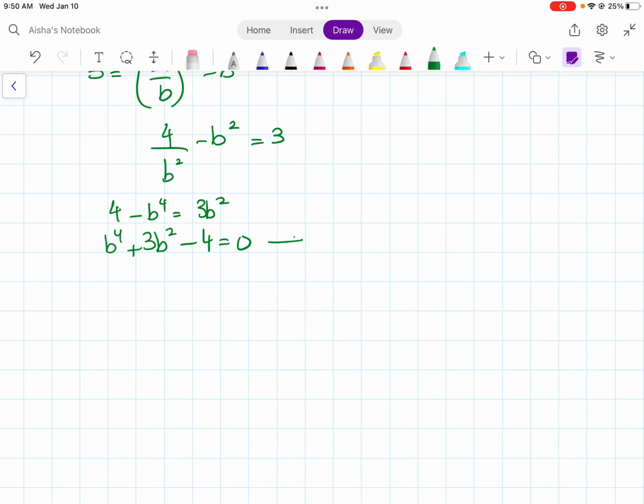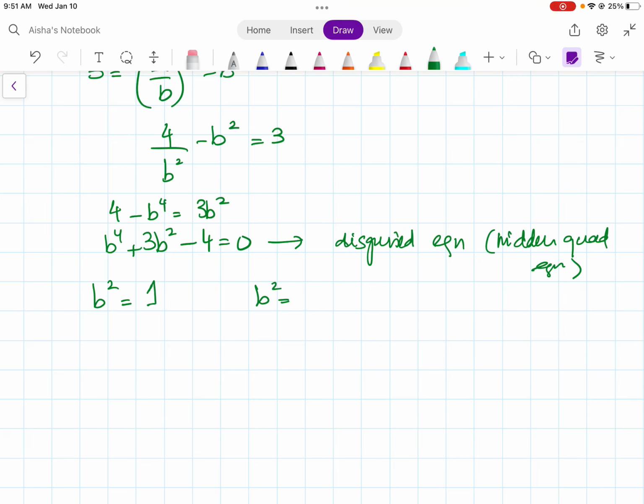Remember, it's a disguised equation. Disguised means it's a hidden quadratic equation. So the answers will come out to be 1 and minus 4. And since b is a real number, we will reject the negative one.